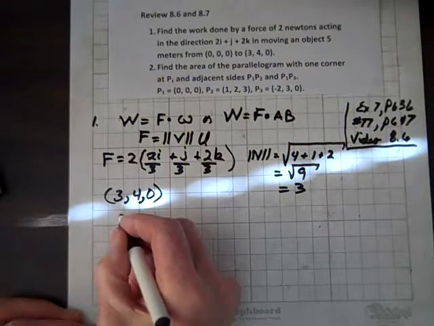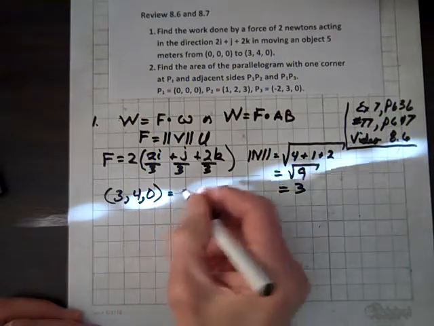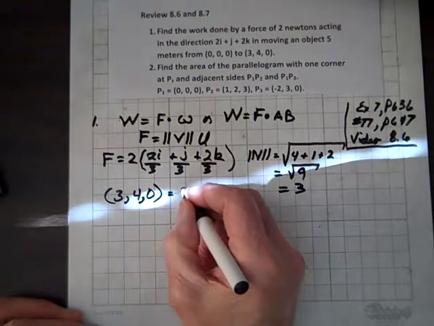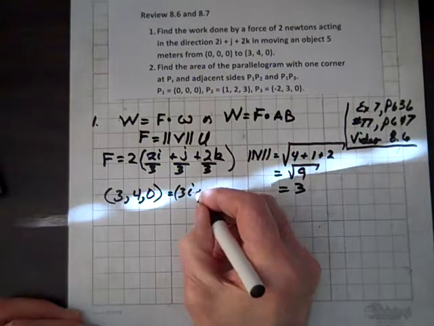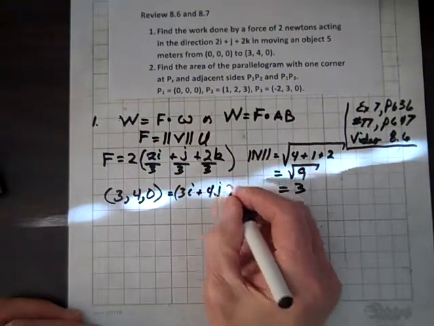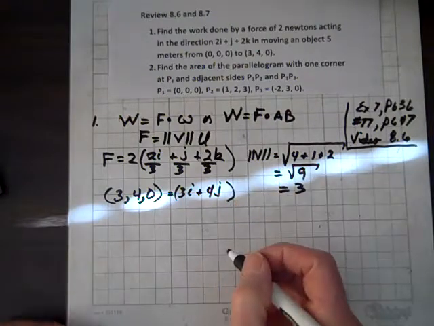And that, in terms of i, j, and k, is going to equal 3i plus 4j plus 0k. So the k doesn't show up now.